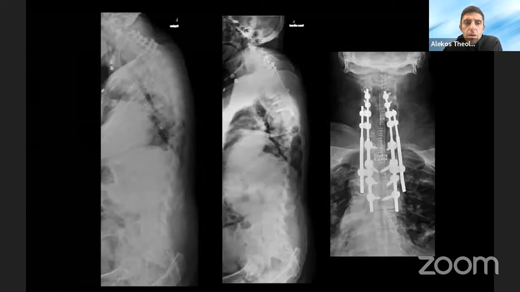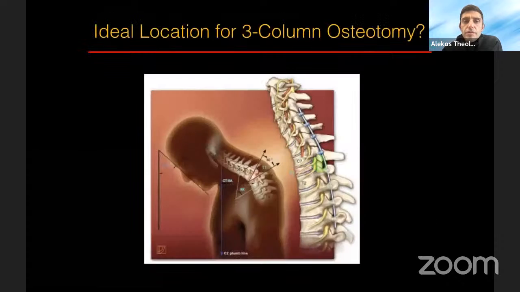In this case, we elected to proceed with a T2 PSO and extended down to T4, and she did quite well. Just a couple of case examples to highlight the different surgical options for flexible versus more rigid deformities.